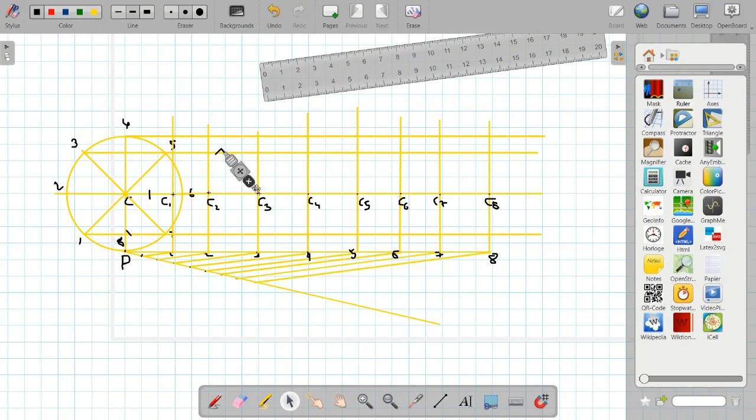Then shifting our center to point number 4, cutting will be done with the same radius on the projector of 4. Now see, if your construction is perfect, this point 4 will exactly touch the top of this particular line. This arc will become a tangent to this line.